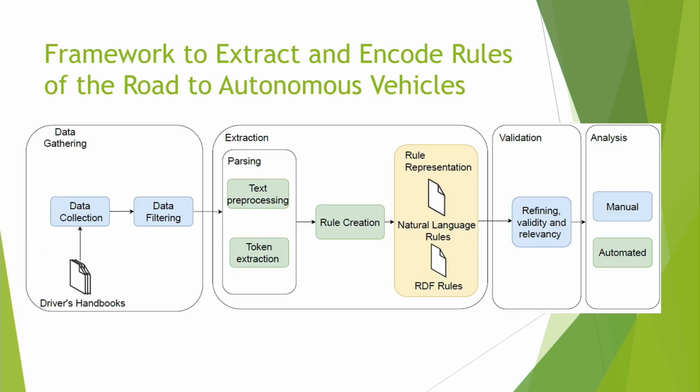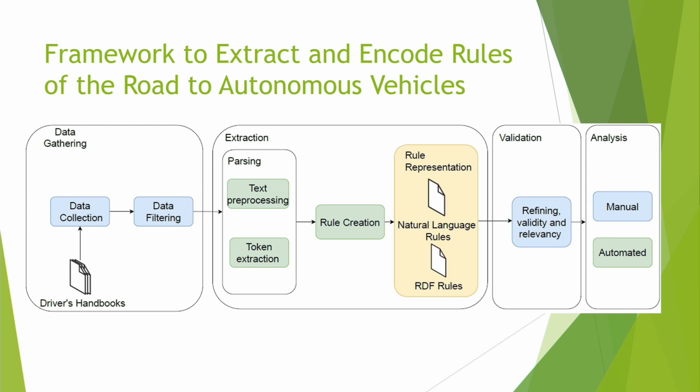The framework for our extraction basically follows 4 steps. The first one is the data gathering step, where we get the manuals from each DMV page, and we skim through them and select the most relevant parts that we're going to process.